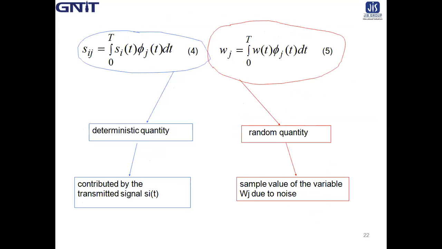And the second component Wj is the sample value of a random variable Wj that arises because of the presence of the channel noise w(t), and is defined as Wj equal to the integration from 0 to T of w(t) phi j(t) dt.